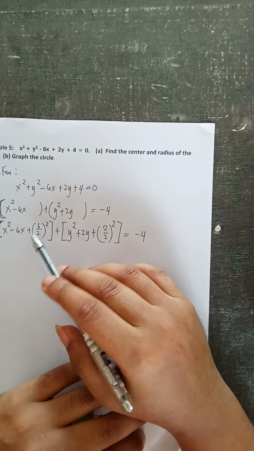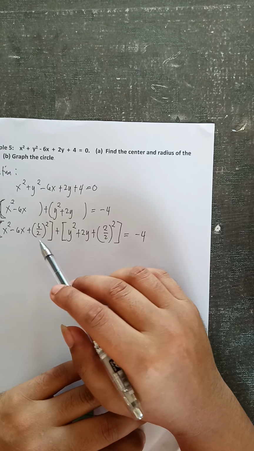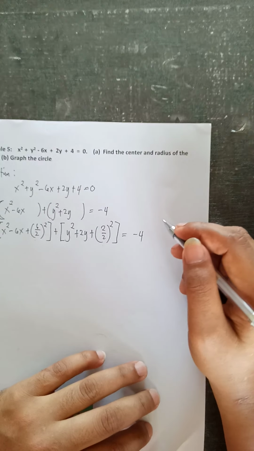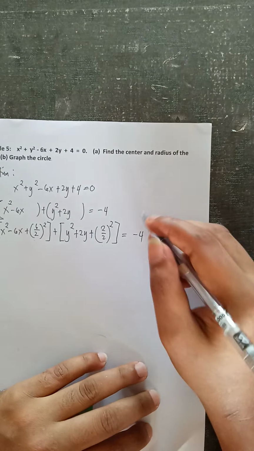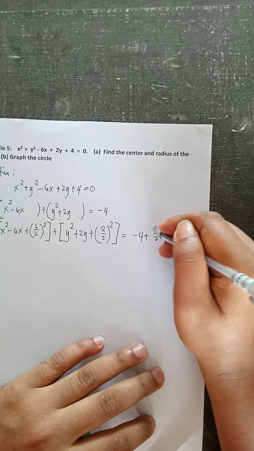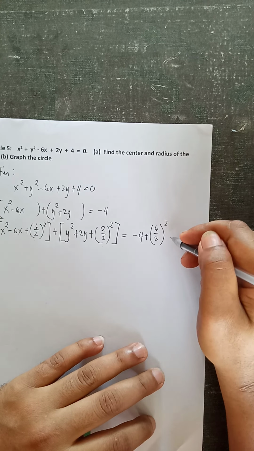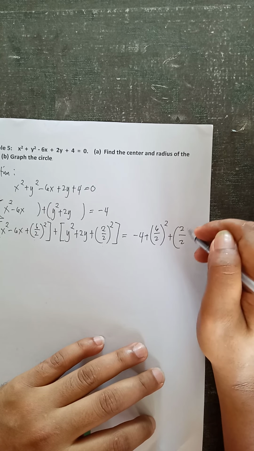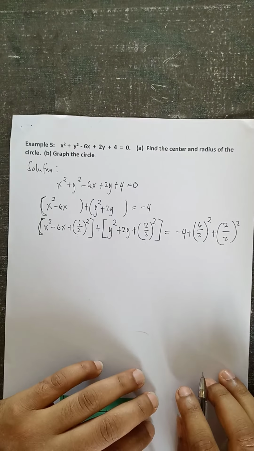Nag-add ta sa one side, so make sure we add the same to the other side, plus (6 over 2) squared plus (2 over 2) squared.